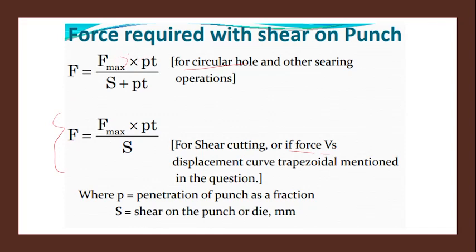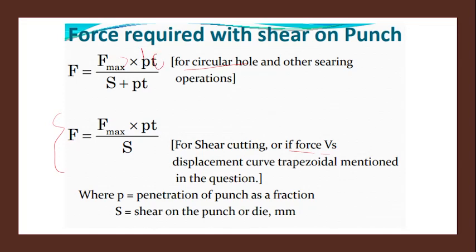See, after the penetration up to some thickness, after that your material will start failing. So that penetration, in some fraction, they will tell you. So if you read the question, you will understand that is your penetration depth. That would be given in your question.